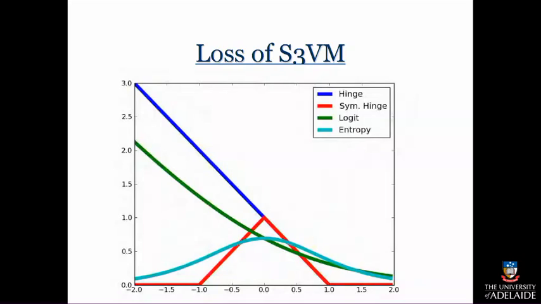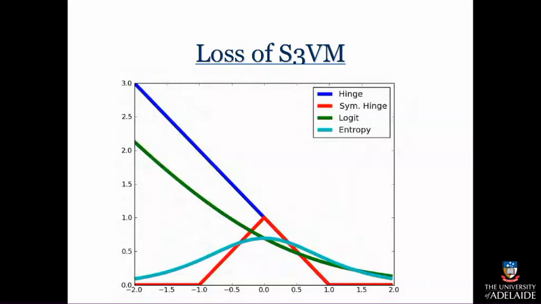Why is that? Can anybody tell me why you can actually use this loss for semi-supervised learning? Why is this hinge loss used for semi-supervised learning?